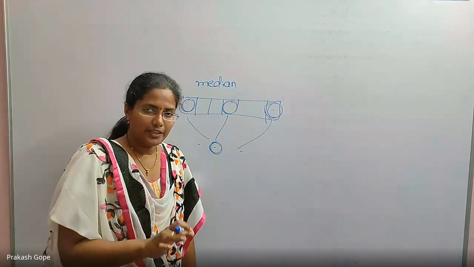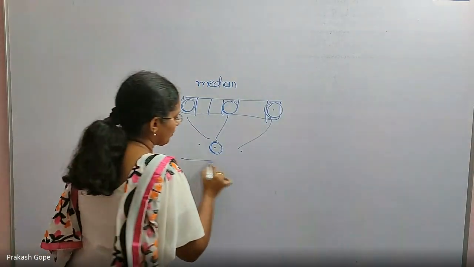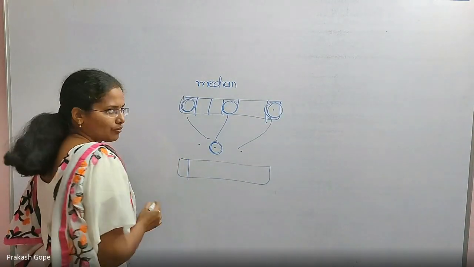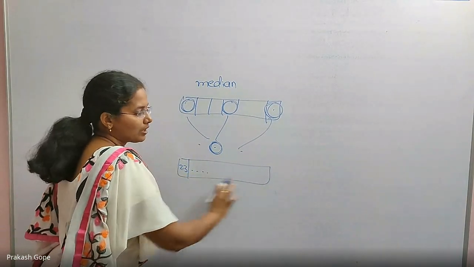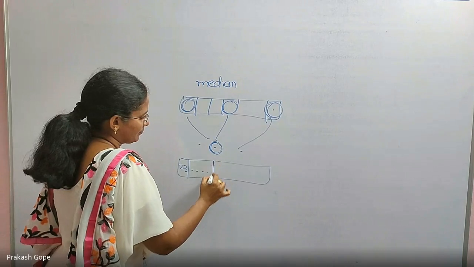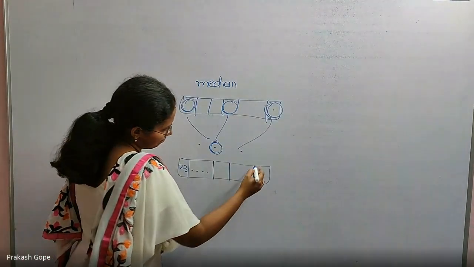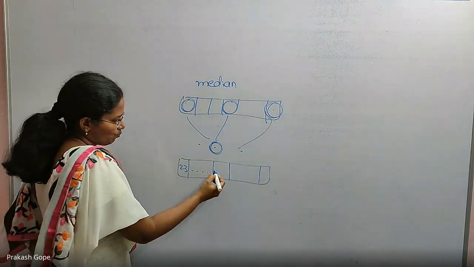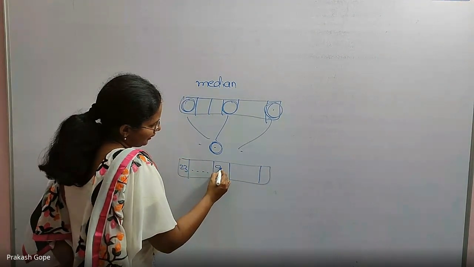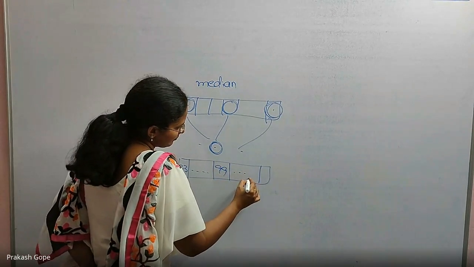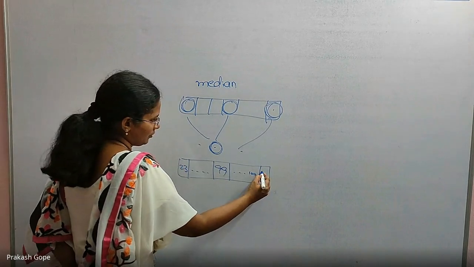Even then, any guarantee that the median will go and occupy the middle place? No, because for example, this is 23. The total there are 100 elements. The middle one is, let me take 99, and this is 100.